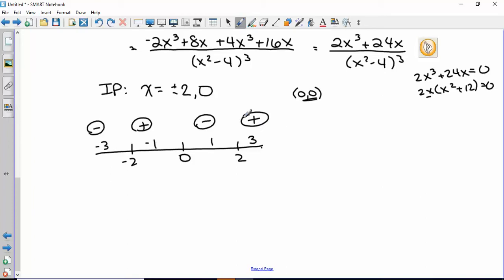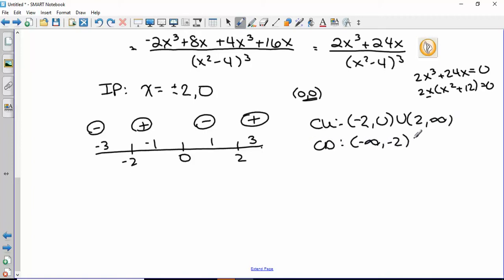So this is concave up where it's positive from -2 to 0 and 2 to infinity. Concave down where it's negative: negative infinity to -2, union 0 to 2. And the last thing I asked you to do then was draw your graph.